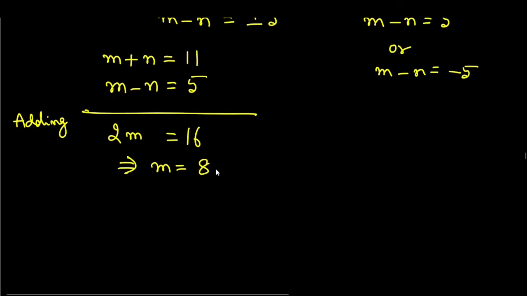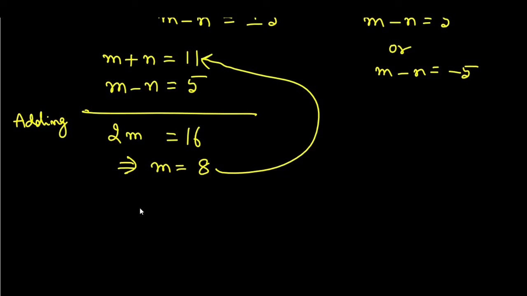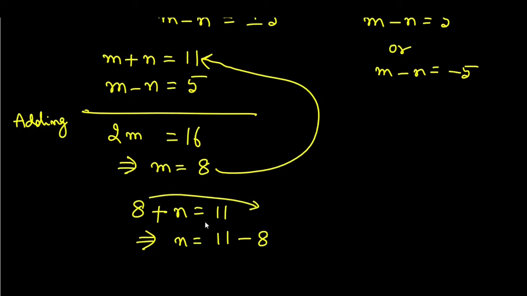Now substitute m is equal to 8 in this one. We get 8 plus n is equal to 11. This implies n is equal to 11 minus 8. When we transpose 8 to this side, it becomes minus 8. So n is equal to 11 minus 8, which is 3.